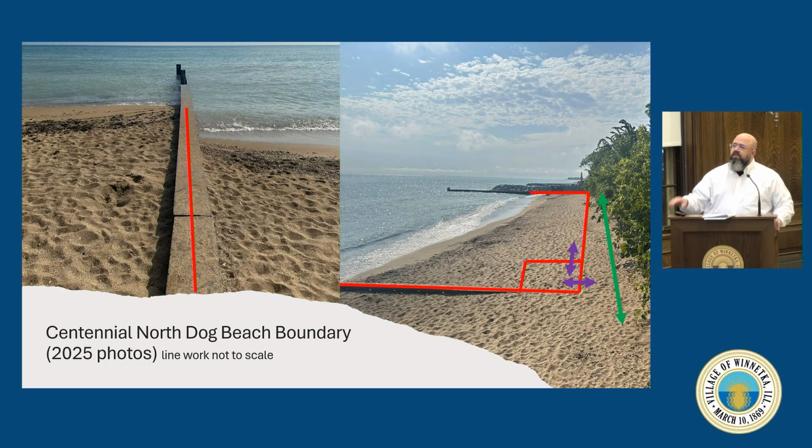The purple arrows are indicating where the access points would be. Then the red lines are showing where the fence would be installed, either on the groins or that 265-foot run that runs parallel to the seawall at the toe of the bluff. The green arrows indicate the walkable path, or that 12-foot corridor that is designed to allow people to walk around the active dog beach to continue their walk of the shoreline.